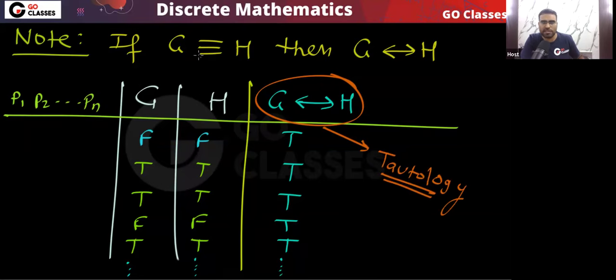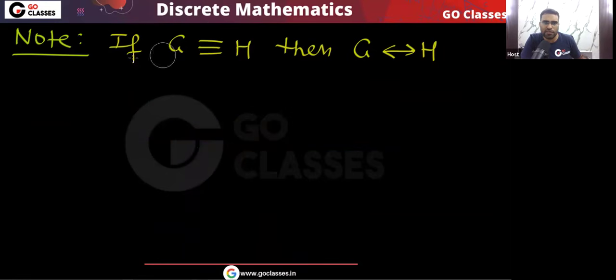So this is the result: if G and H are equivalent, then their biconditional will be a tautology. Is this understood? This is another definition of equivalence. So remember, G is equivalent to H if and only if their biconditional is a tautology.